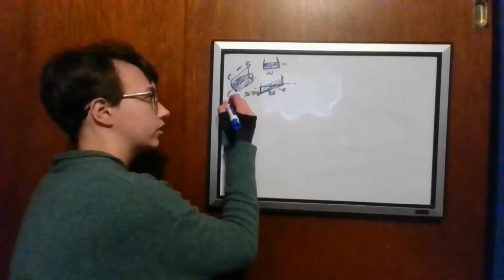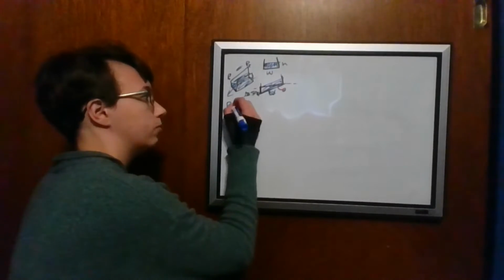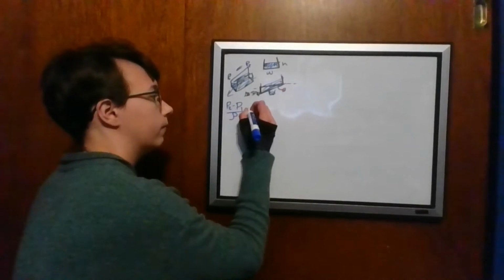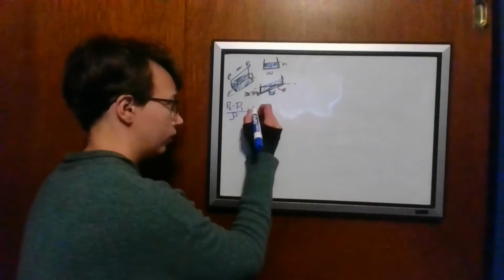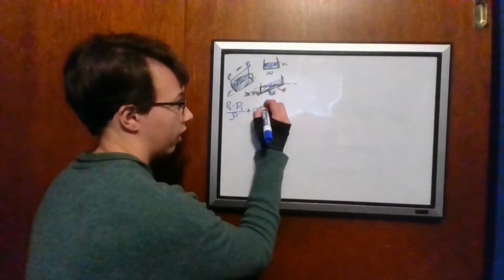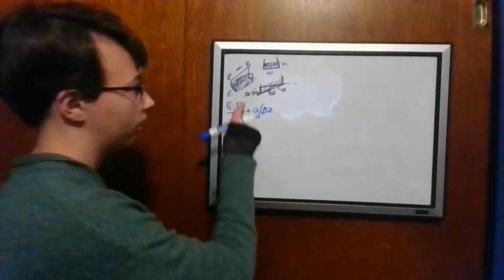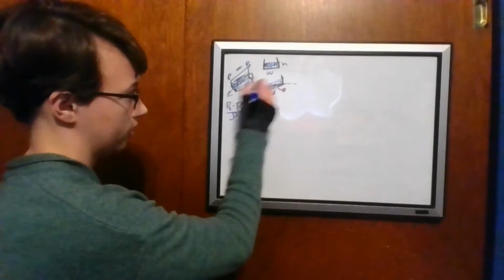So when we have Bernoulli's equation, we have that the pressure at 2 minus the pressure at 1 over the density plus acceleration due to gravity times the change in z, which is height, and that's this distance right here.